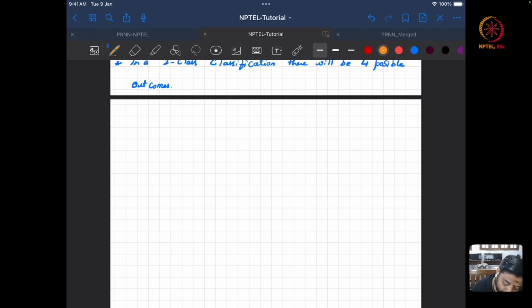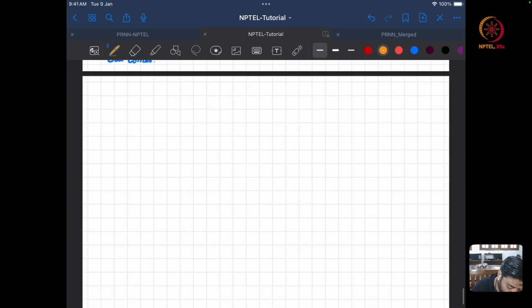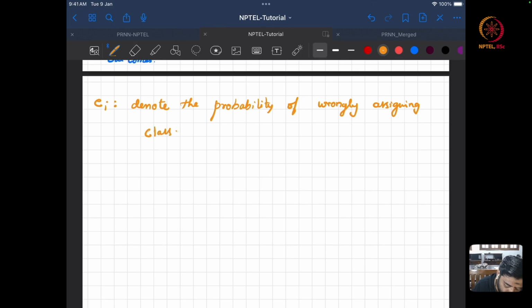So now let's define E_i, which denotes the probability of wrongly assigning class i.